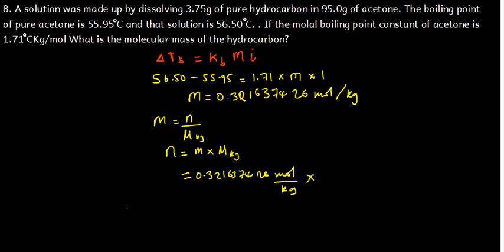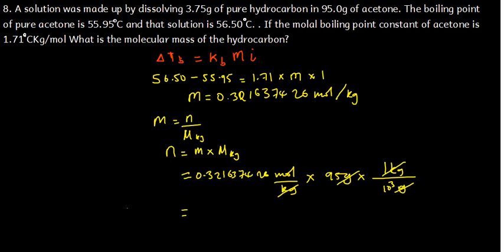This has been dissolved in 95 grams of acetone, but these two won't be able to cancel. So we need to convert the 95 grams to kgs. We know that in 1 kg we have 1,000 grams. So the kg will cancel with the kg and the gram will cancel with the gram here. So we'll just get the value 0.3216 multiplied by 95 and then divided by 1,000.